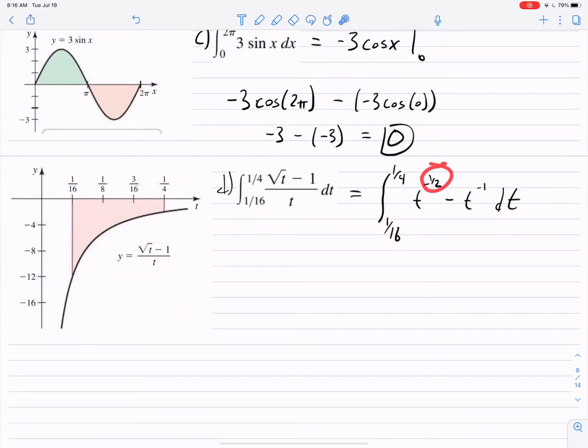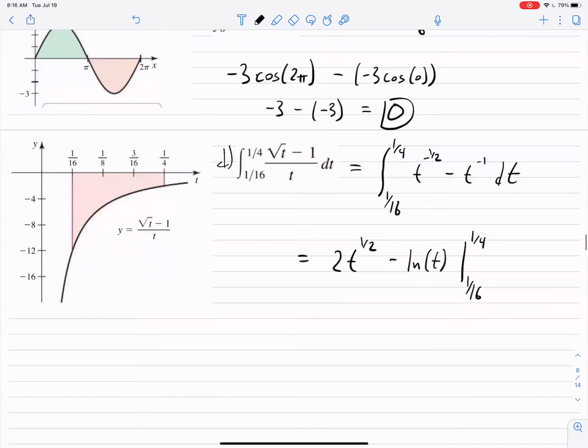This one is the power rule, so add 1 to that and then divide. So it's 2t to the 1/2. And then this one is just ln, so minus ln of, technically it's absolute value of t, but everything's positive here, so I don't need the absolute value. And then we're evaluating it from 1/16 to 1/4.